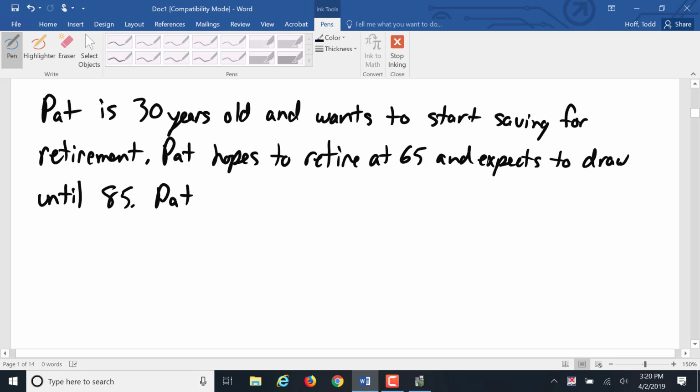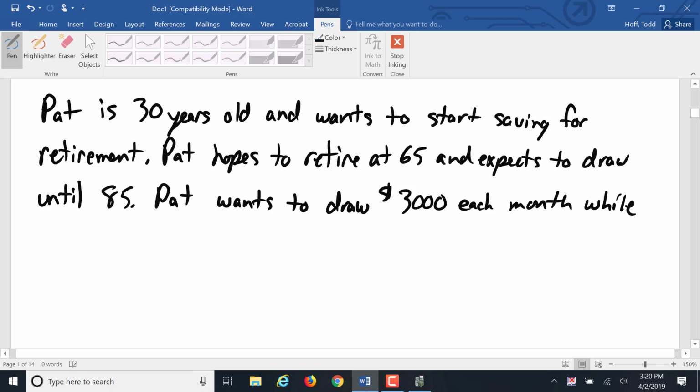Pat wants to draw $3,000 per month while retired, and expects, let's do 5% interest.